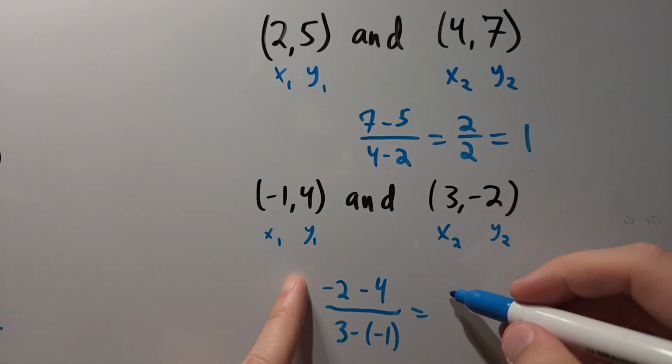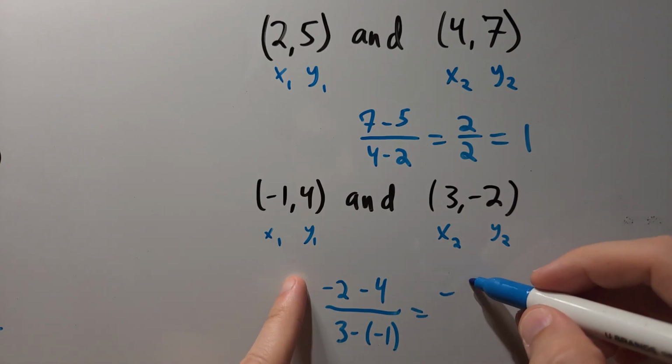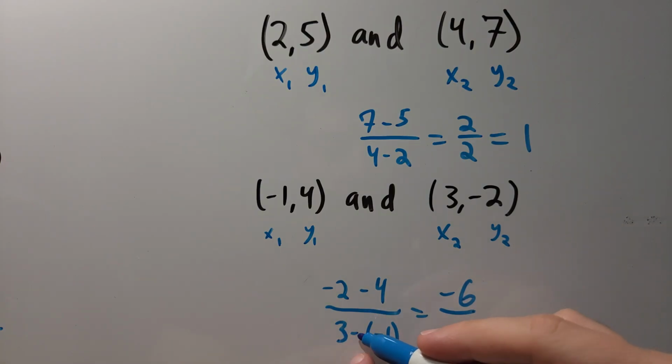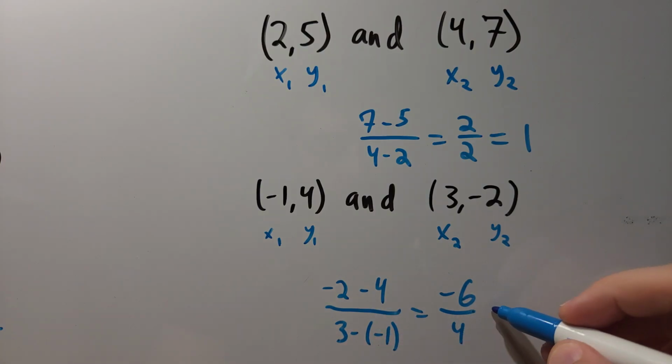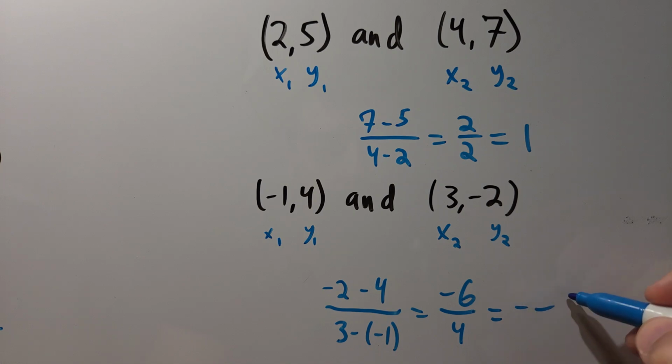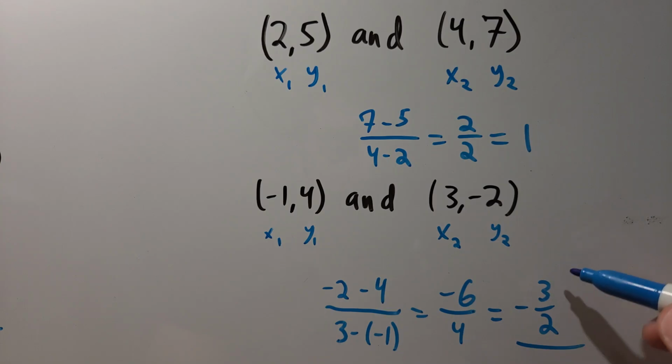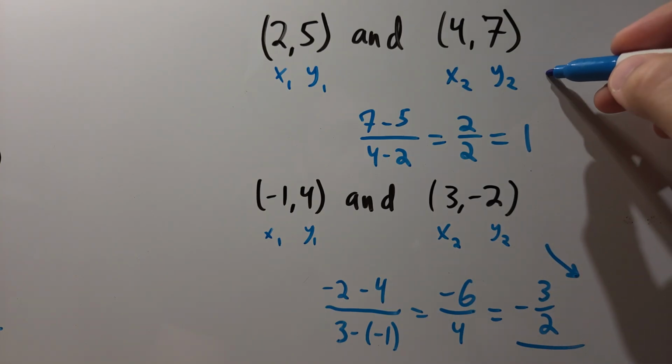This is negative up top, so right off the bat, this result will most likely be negative. 3 minus negative 1 is 4. This reduces to negative 3 over 2, and yes, this would be a negative slope. So this line would be going down versus the previous one that goes up.